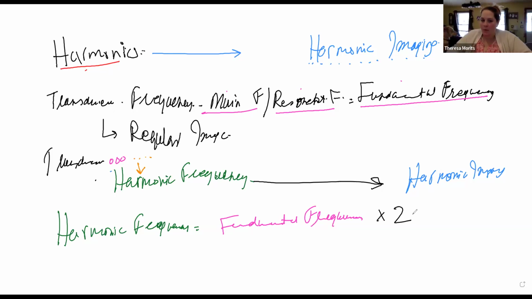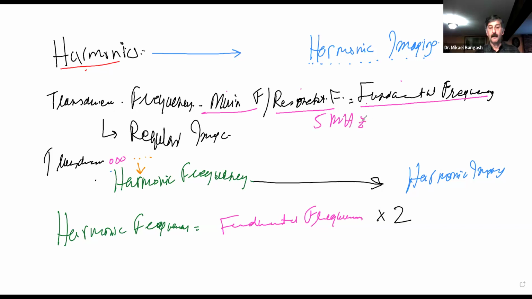Yeah. Right, okay. So the basic thing is, let's say we had a transducer with a main frequency, a resonant frequency, or what in this case we call the fundamental frequency, of 5 megahertz. Clear, okay. And they ask, this transducer has a frequency of 5 megahertz.